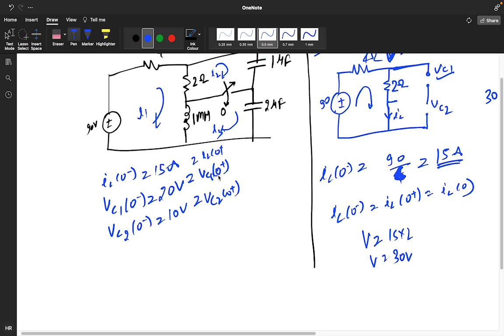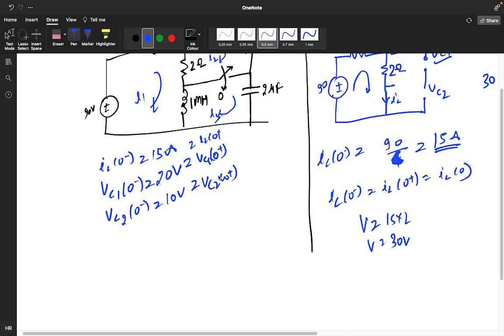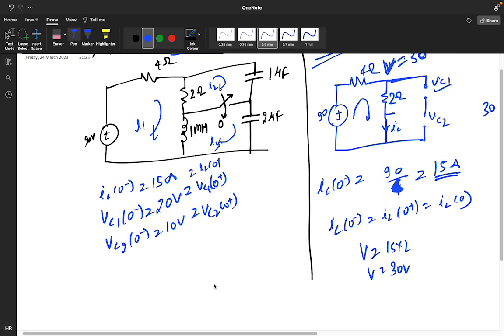Now at t equals 0, my circuit becomes like this. I'm considering t equals 0 plus, that's why I will not ignore the inductor and capacitor.